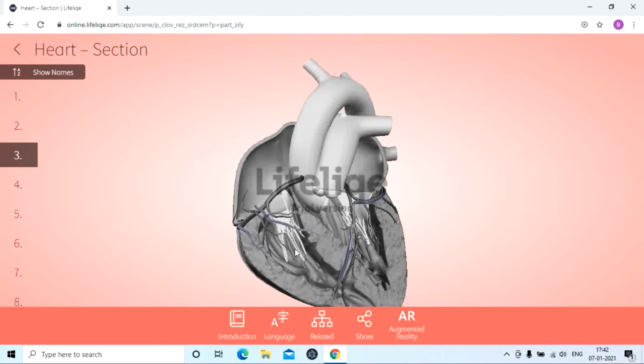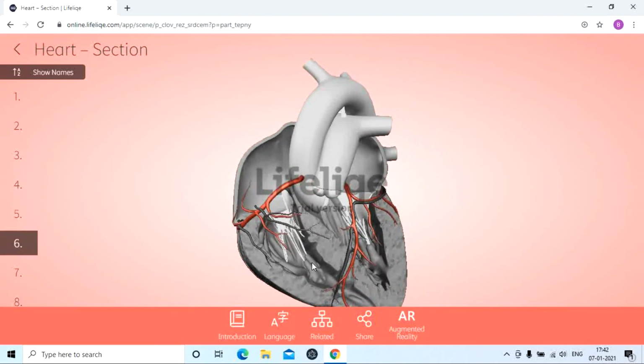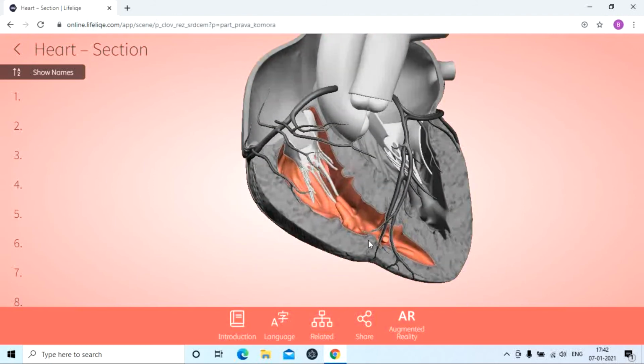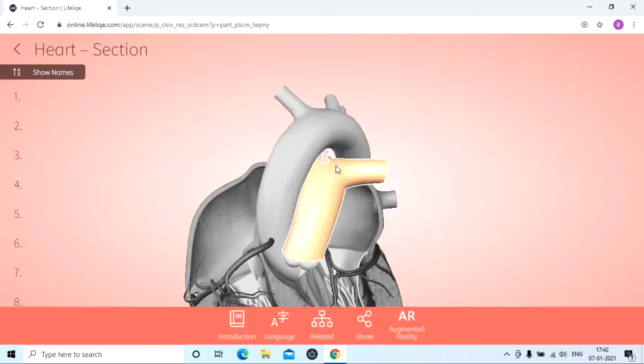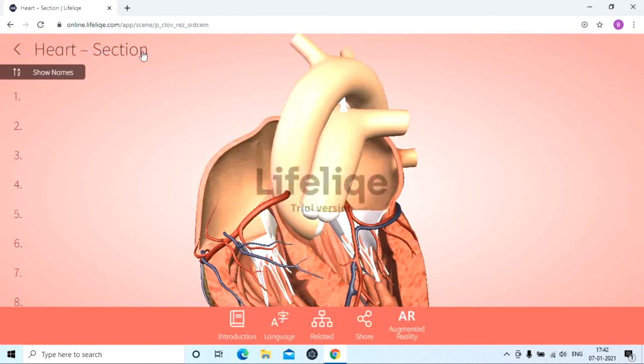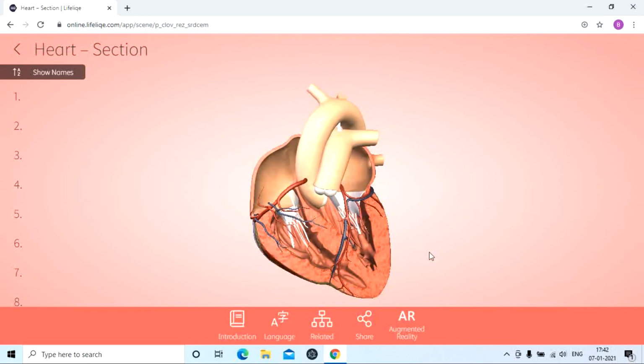From the left atrium it goes to the left ventricle, and from this left ventricle through this pulmonary vein the carbon dioxide rich blood ultimately goes to the lungs, and from the lungs we generally exhale the carbon dioxide into the atmosphere. So this is how generally the human heart works.